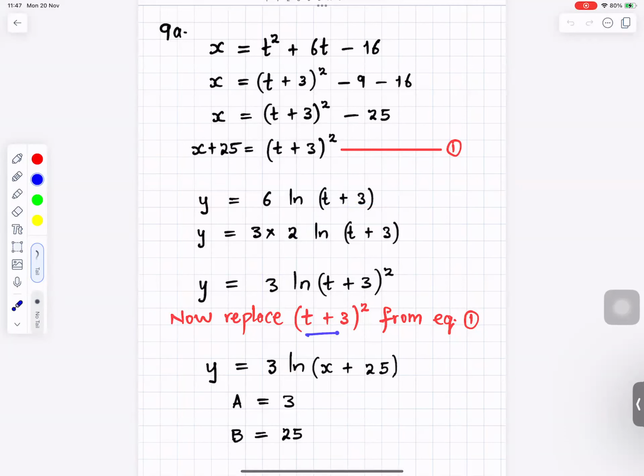Now you replace (t plus 3) squared, which you had at the top there, with x plus 25. So y equals 3 ln(x plus 25). This one can be a bit tricky, but it's doable.